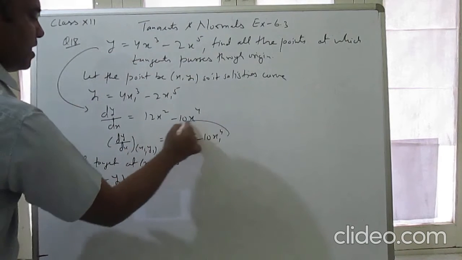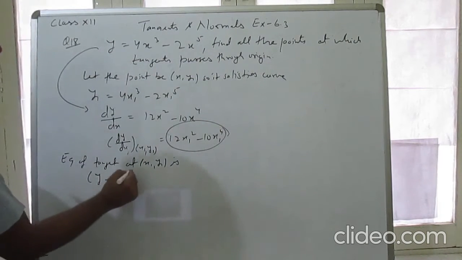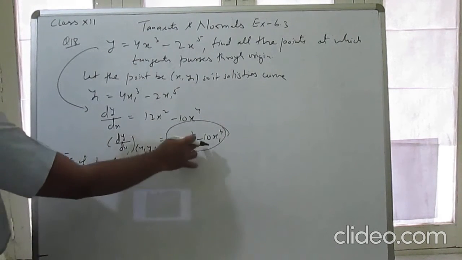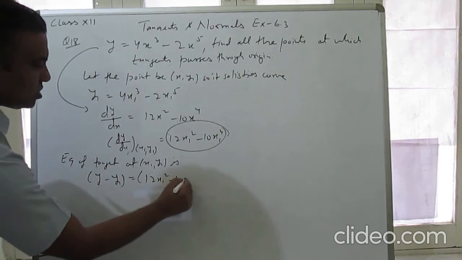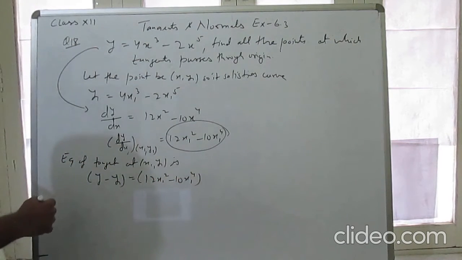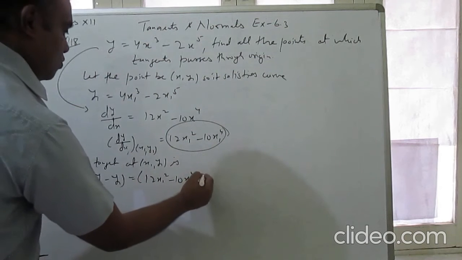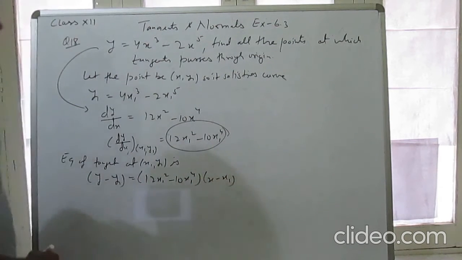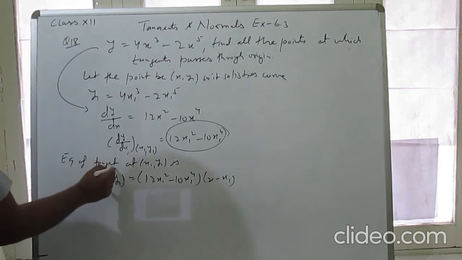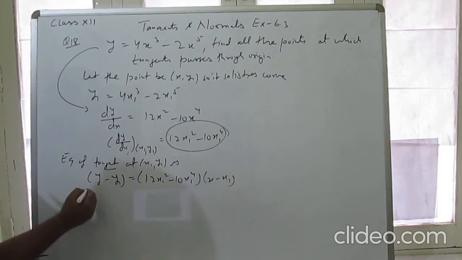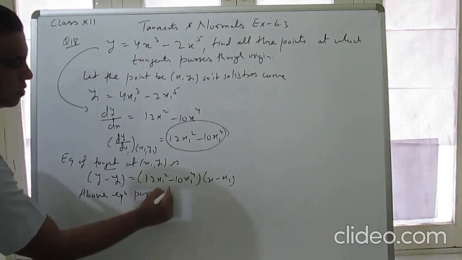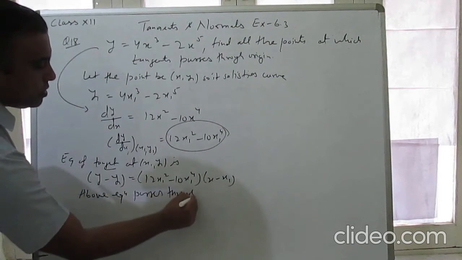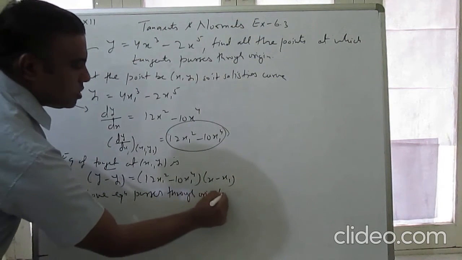What is dy by dx? This is dy by dx. So y minus y1 is equal to dy by dx, that is 12x1 square minus 10x1 to the power 4, into x minus x1. Now this tangent passes through the origin, 0, 0.